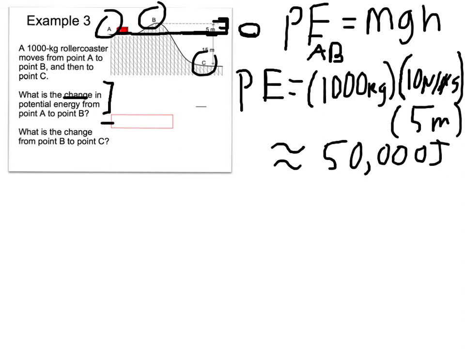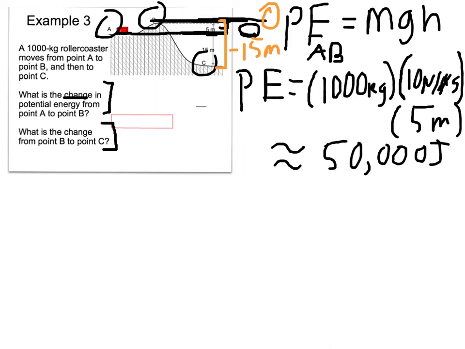What is the change from B to C? Okay, well, change from B to C, let's make it really tricky. Let's now call B 0, and let me color code because I'm doing a different problem. So let's call B 0. That means the height at C is negative 15 meters, right?